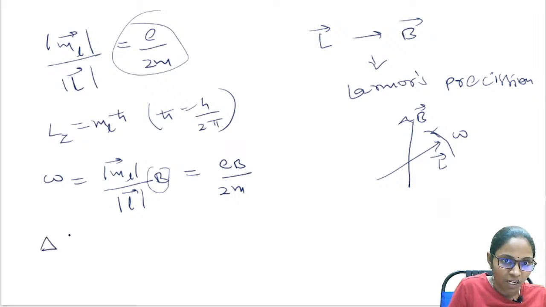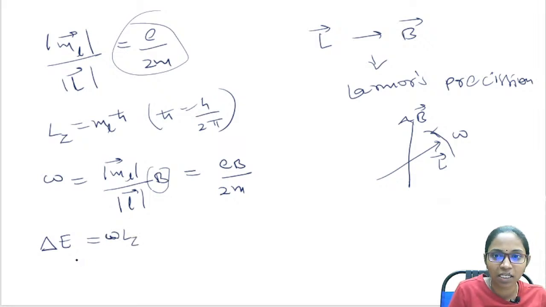And from the change in energy equation, what is the change in energy equation? Angular velocity into LZ bar. The component of the orbital angular momentum is LZ. LZ is nothing but the projection of L bar over B bar, and omega is the angular velocity.